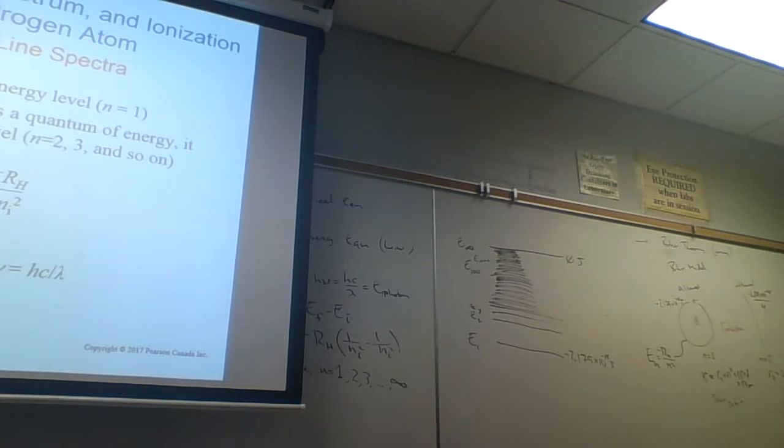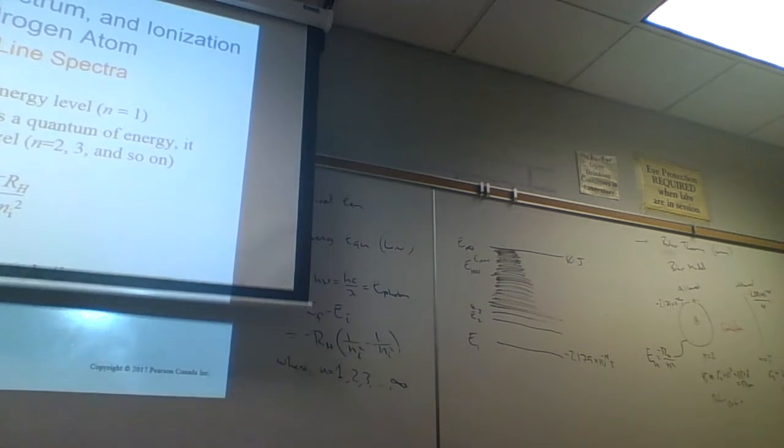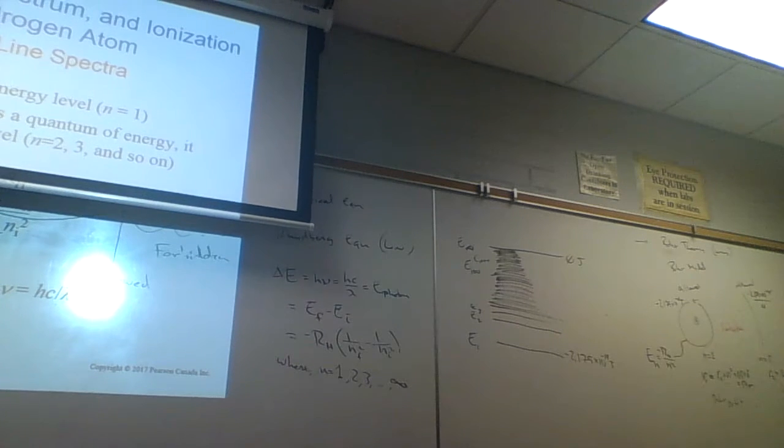What the Bohr model was pretty successful at is predicting these transitions. And so if we look at the equation here, this is what we got. One thing Petrucci doesn't like is negative signs. So if you compare Petrucci's equation to my equation, Petrucci's equation is positive R sub H, but he flips initial and final.